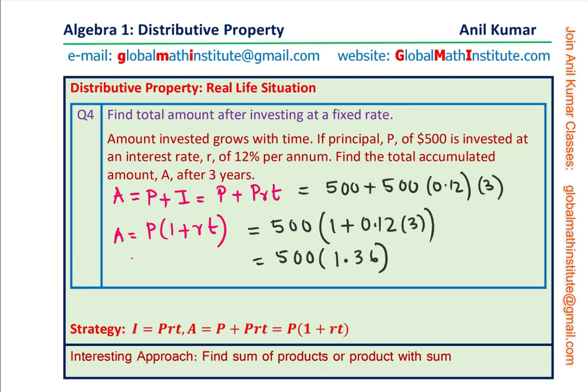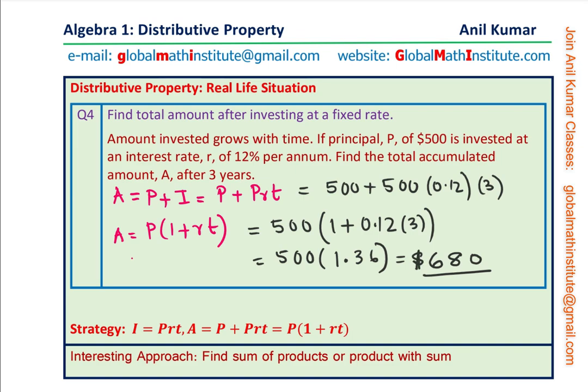Is it clear to you? And then multiply by 5, with 2 zeros gone. 5 times 6 is 30, carry 3. 5 times 3 is 15, and 3 is 18, carry 1. And 5 times 1 is 5, and then 680. So you get $680. That becomes the amount.